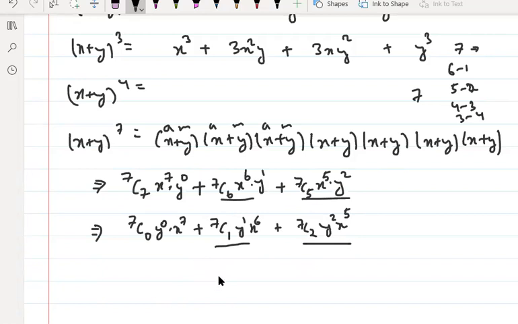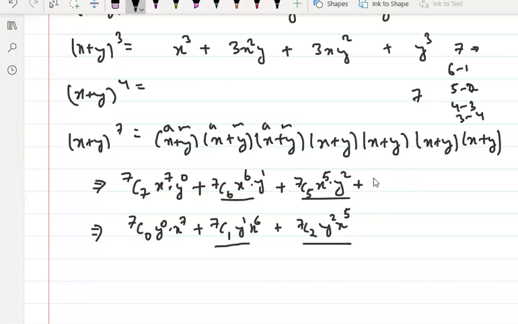So next term should be what? Tell me. You can write in terms of, because are you selecting 6 apples or are you selecting 1 mango? Both are same, na? Because if you're selecting 1 mango and 6 apple, or 6 apple and 1 mango, they're same but reversed, right?